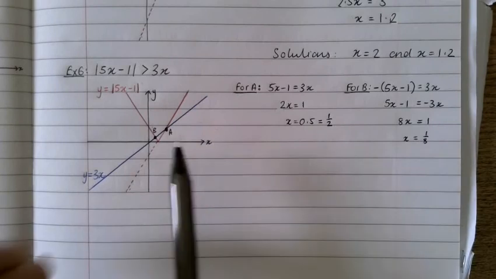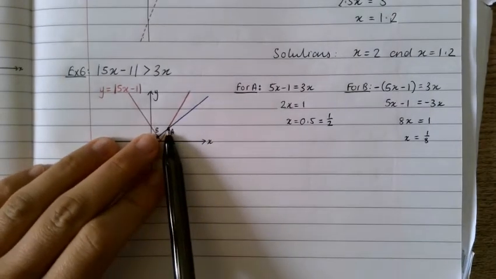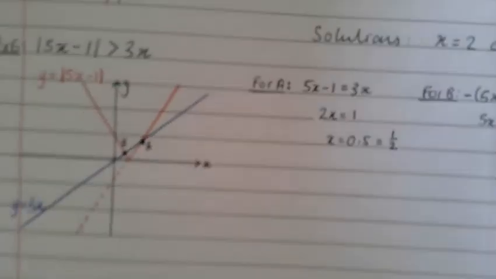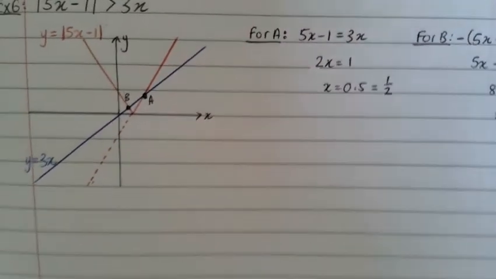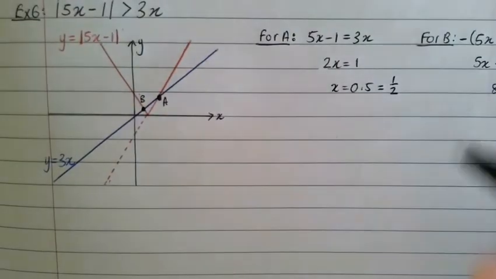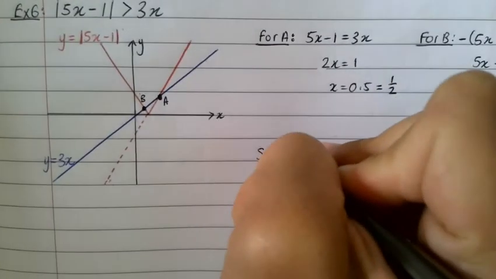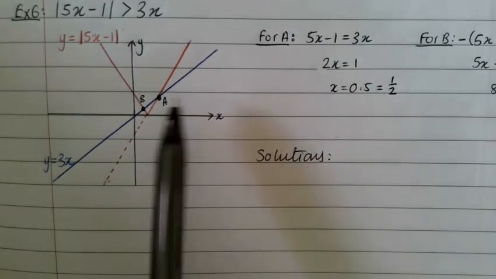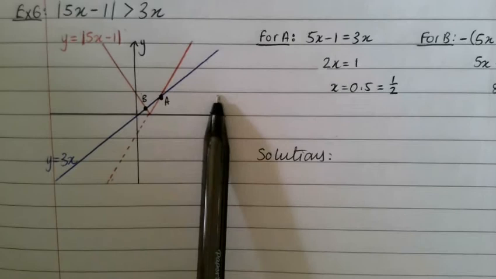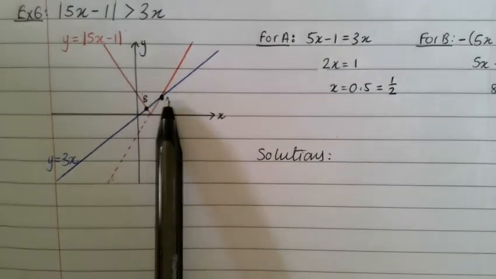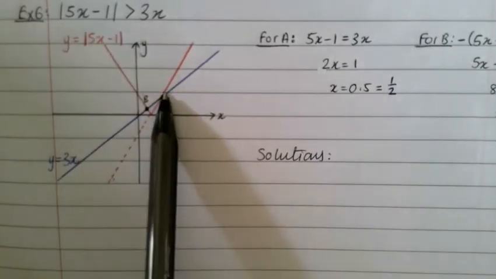So I'm first going to consider the first point A. I'm just about to write my solutions. So I'll write the word solutions. For this point A, is it to the left of A or to the right of A where the red graph, the modulus function, is greater than the blue graph?